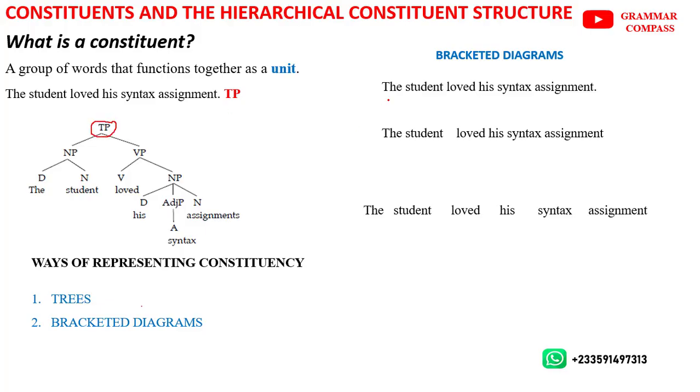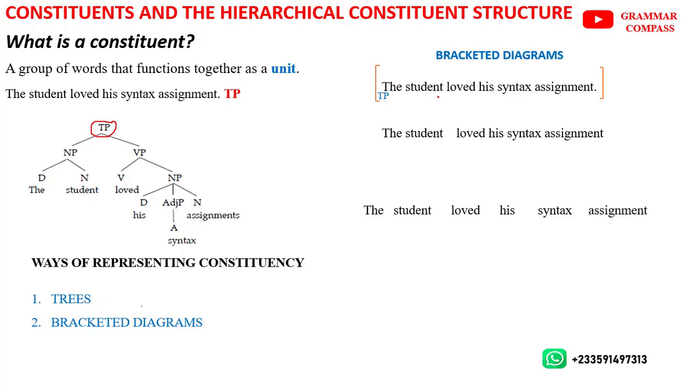To show that the student loved his assignment is a constituent, we draw a bracket around it and then label it TP. This means that we are done with the first part of expressing constituency using bracketing. So this bracket over here means that the whole of this is a tense phrase.